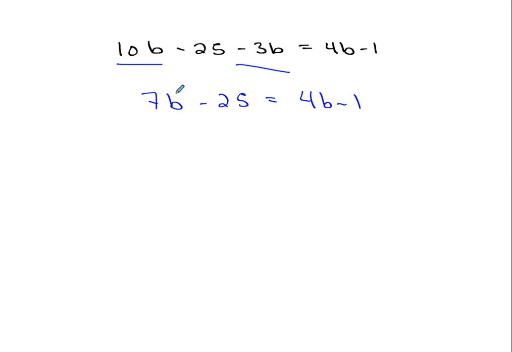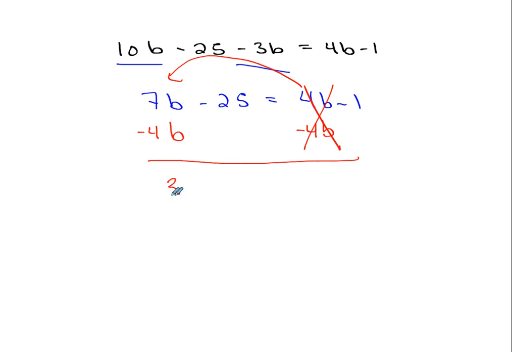I'm going to keep my 7b's on the left, and I'm going to bring over these positive 4b's by doing the opposite of adding 4b, which is subtracting 4b. That will get rid of my 4b's here and subtract 4b to the left side to keep it balanced. 7b minus 4b is 3b. Make sure you bring down your negative 25 equals negative 1.